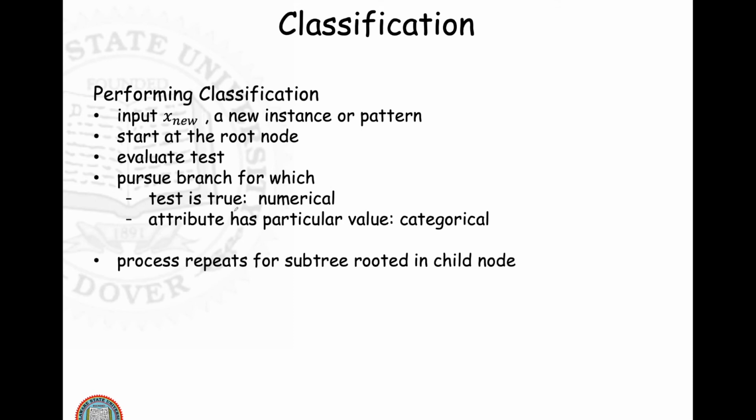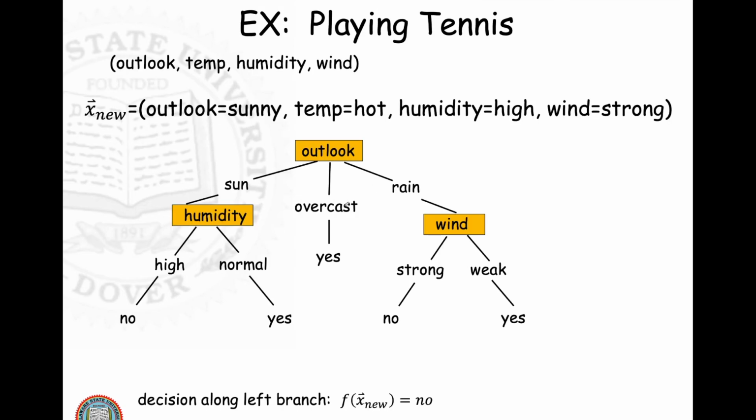If it's categorical, is it that particular value, like low, medium, and high, like pineapple, dog, or apples, for example. Then you keep repeating this process at the next node you encounter once you pursue a branch based on the outcome of that test at a particular node. You're going to repeat this again and again until eventually that new input instance reaches a leaf node.